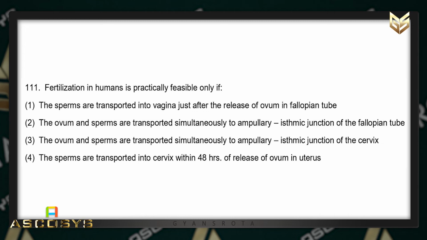Option number 3 is the ovum and sperm are transported simultaneously to ampullary isthmic junction of the cervix, and the last option is the sperms are transported into cervix within 48 hours of release of ovum in uterus.